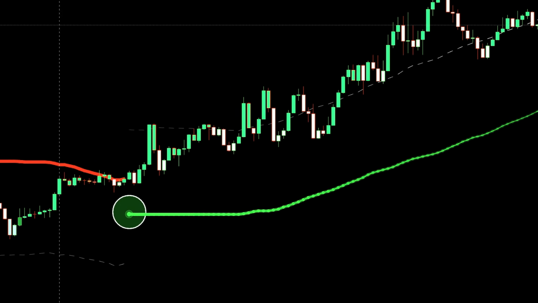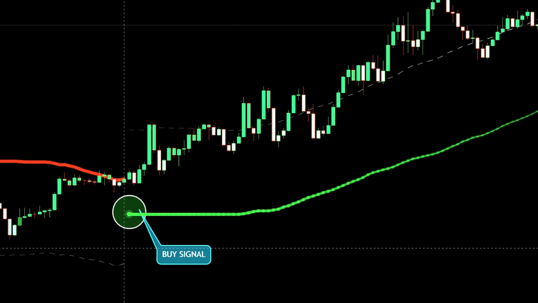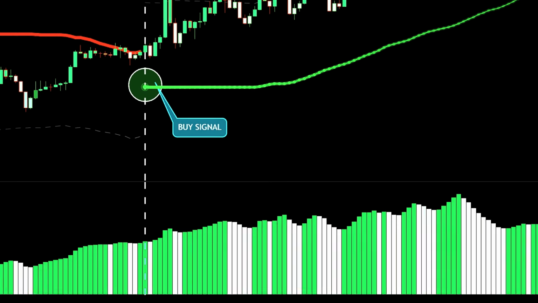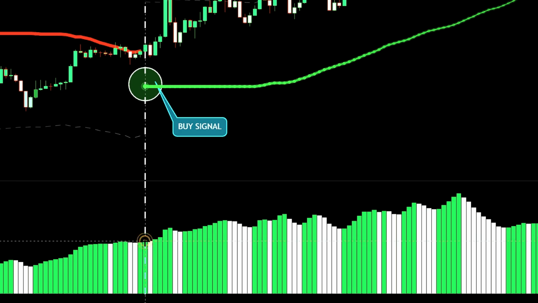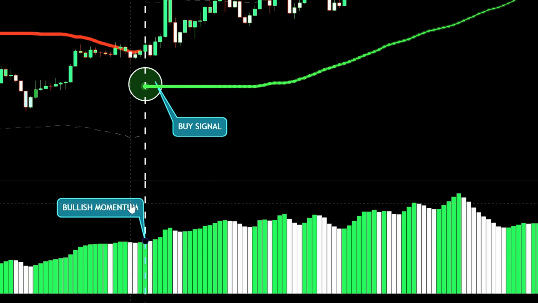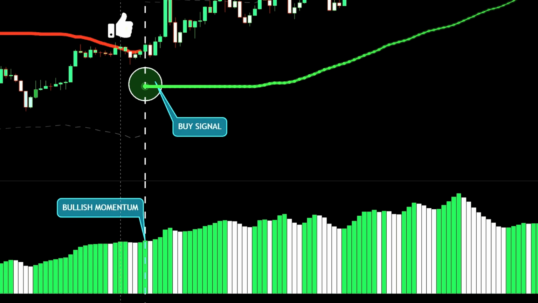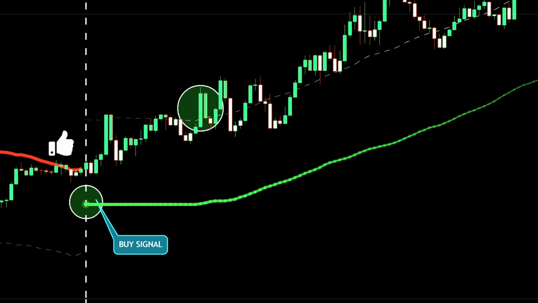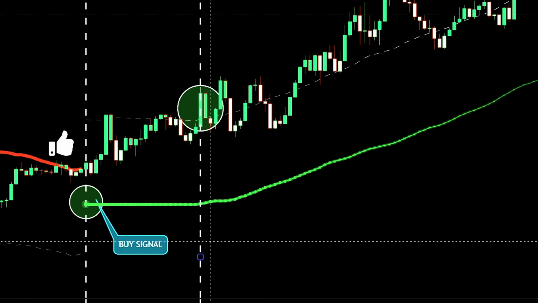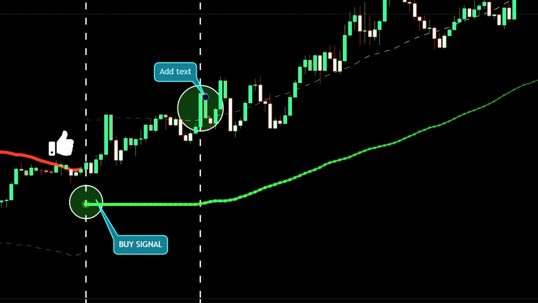If the trend wave band flips to green, and then I glance at the momentum indicator and it's also green, that adds weight to the bullish idea. Same for a bullish breakout above the dash line. If the momentum is green, the idea looks stronger.